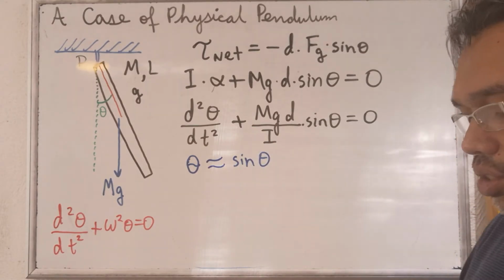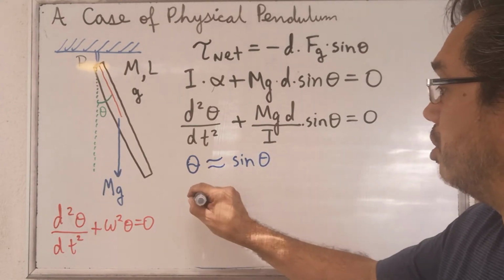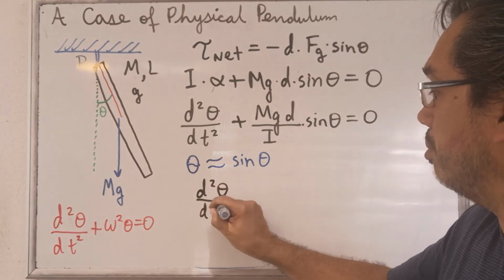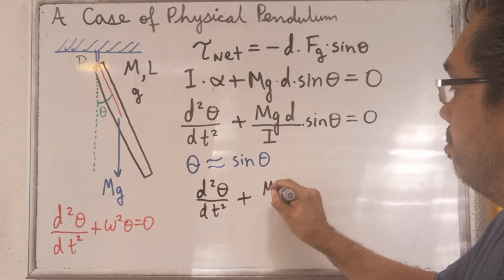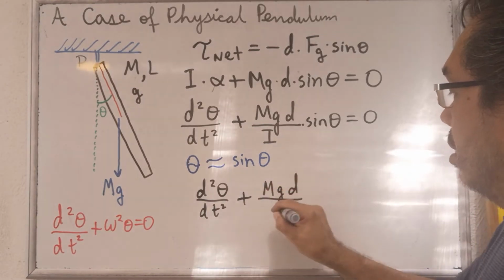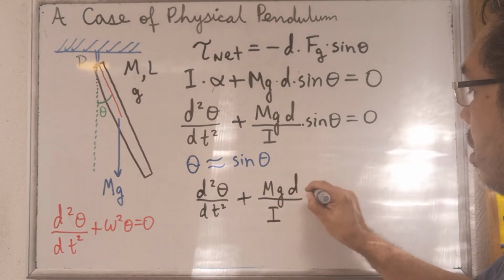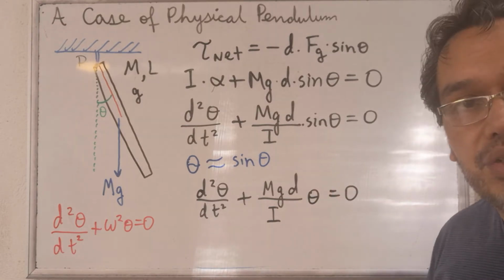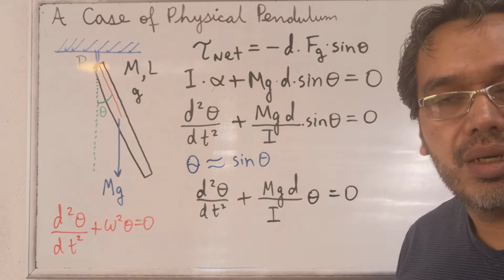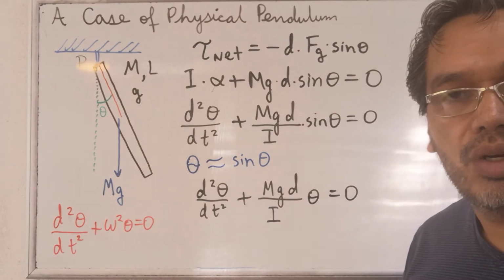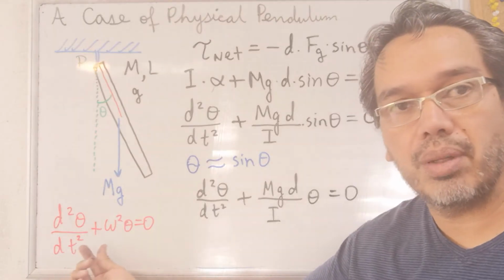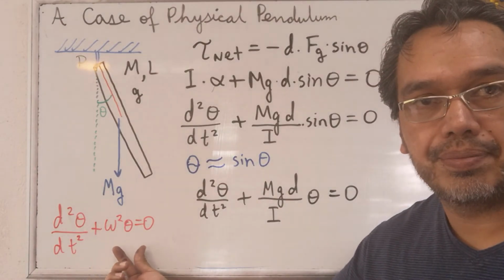And so your differential equation changes to the second derivative of position relative to time plus mgd over the moment of inertia times theta equal to 0, which is one step away from the standard form of your harmonic equation, second derivative plus omega squared theta.